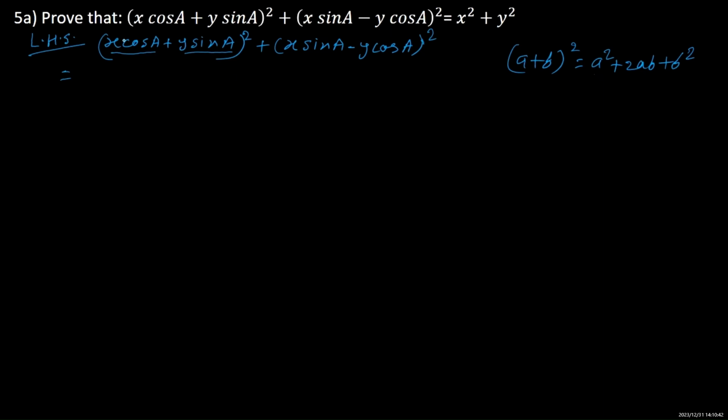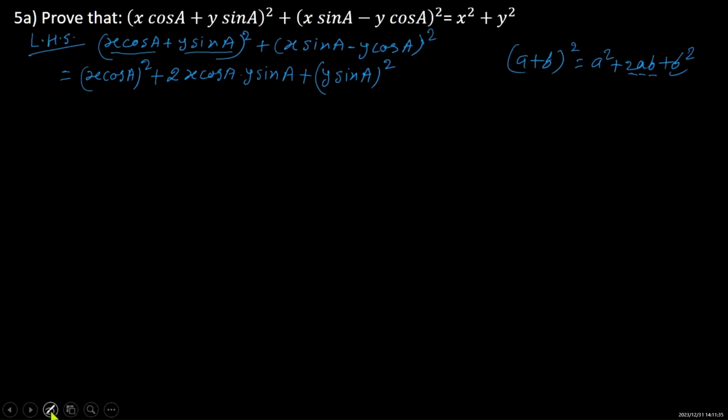The square of first term, here first term is x cos A, so we'll write (x cos A) whole square, of first term, plus then 2 into first term into second term. First term is x cos A, second term is y sin A. Then second term square. Here second term is y sin A, and we'll put square of y sin A. And in the second bracket also we'll consider x sin A as A and y cos A as B, and it looks like (A - B) whole square.